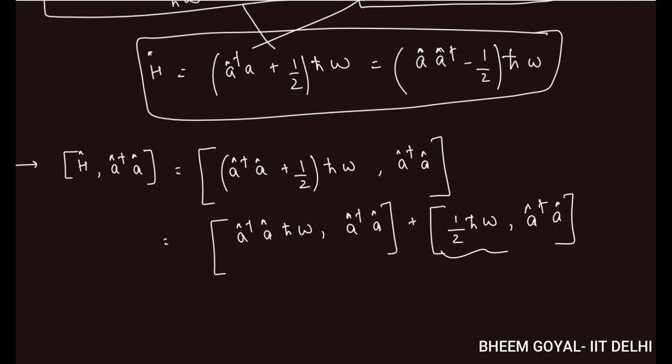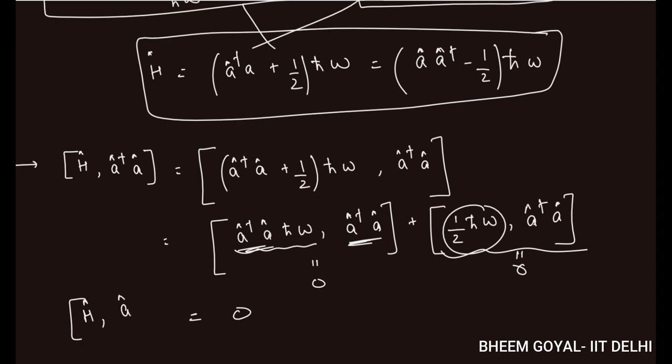Now in this commutator, half h bar omega is a constant, so the commutator will come out to be 0. And the other term is a function of a dagger a, and this is also a function of a dagger a, so the commutator will again come out to be 0. So finally the answer is 0. So the Hamiltonian commutes with a dagger a. Similarly, the Hamiltonian will also commute with a dagger.